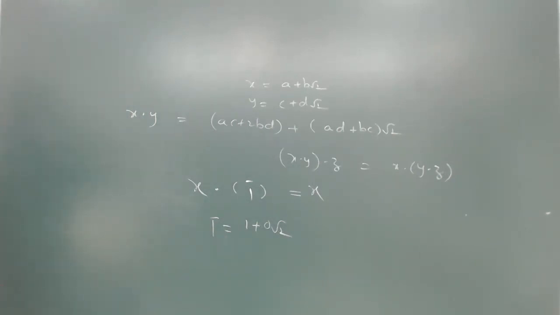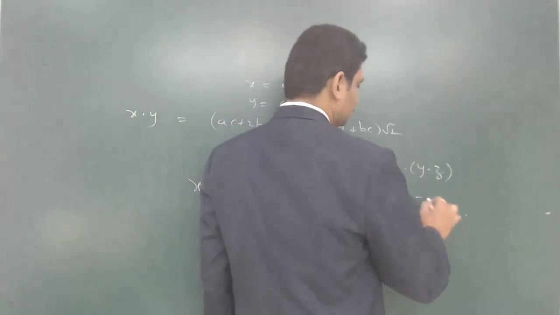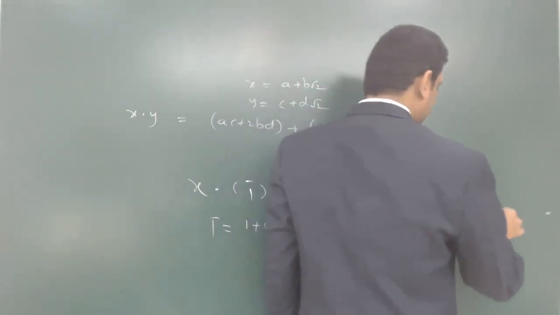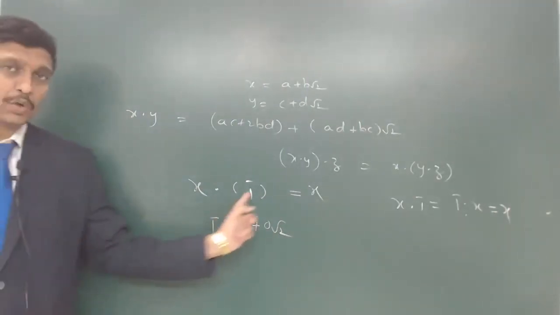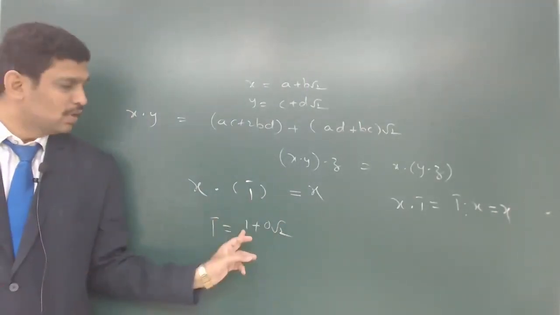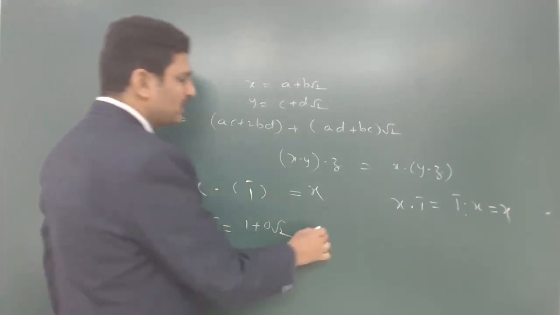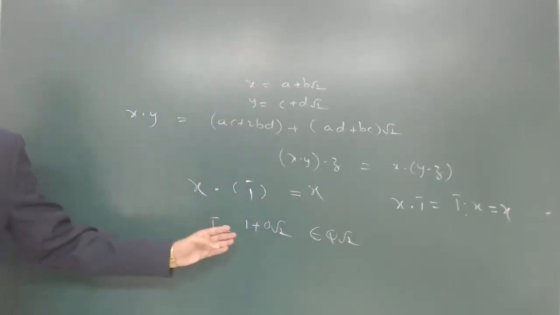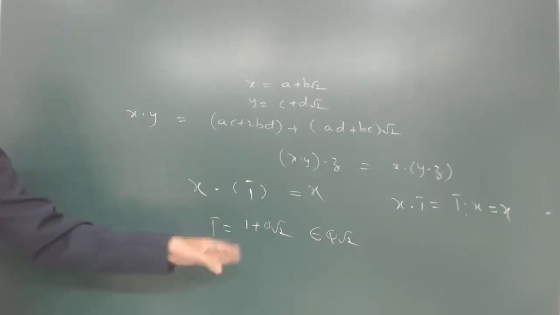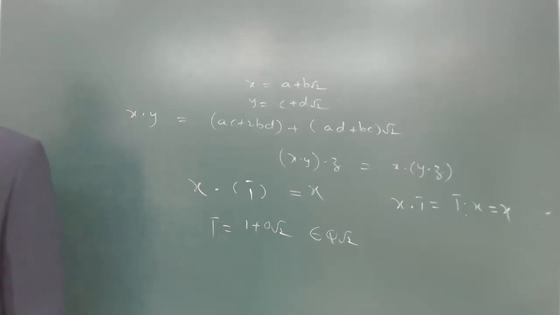If you multiply any x with this value 1 plus 0 root 2, you will get x again. You can cross verify that. Since the coefficients in this expression, 1 and 0, are rational numbers, this value by default belongs to Q of root 2. So 1 bar equal to 1 plus 0 root 2 is the identity element with respect to multiplication in Q of root 2. Okay?